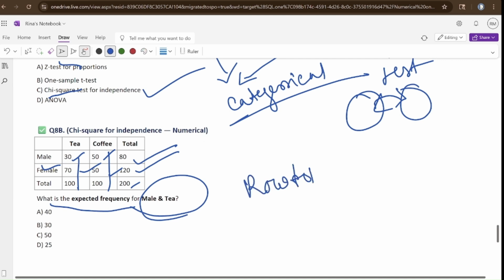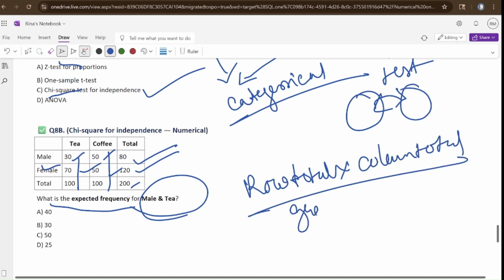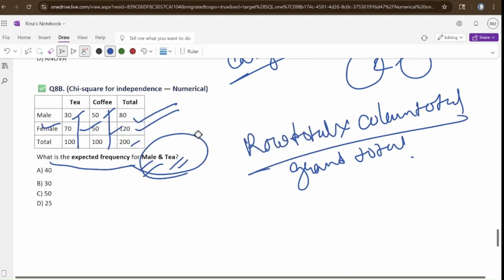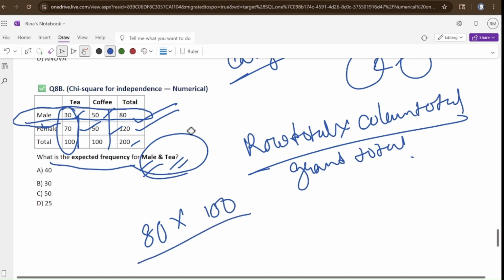So you have to use row total into column total by grand total. So male means you have to consider this row. This total is 80. Tea means this total is 100. So 80 into 100 divided by what is the grand total? That is 200. So the answer is 40.